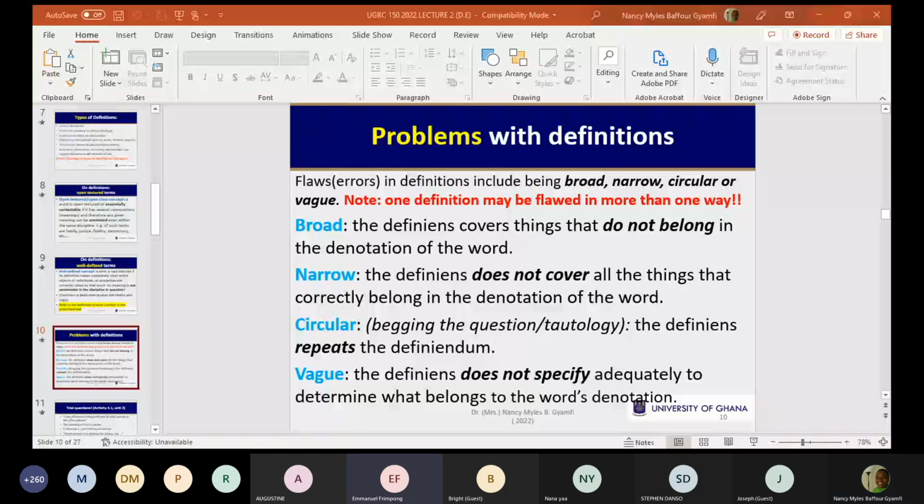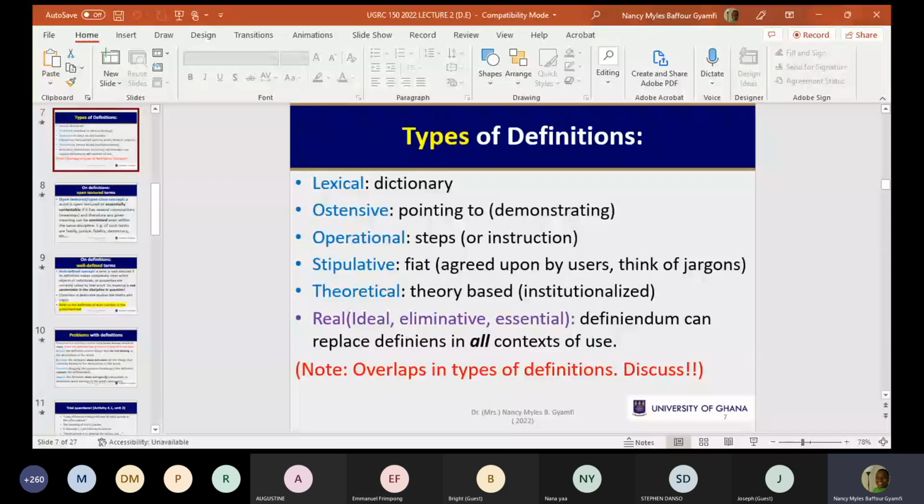Okay, madam, please. So a definition can be lexical, and also it can be theoretical. Yes. Okay. Look down there. Overlaps in types of definitions discussed. So demand inflation in economics is not going to take your balloon and blow it.